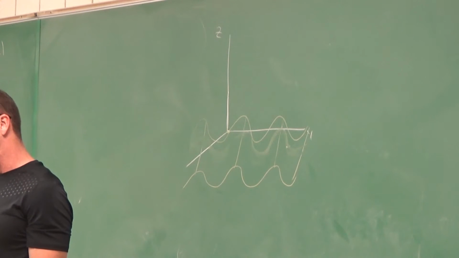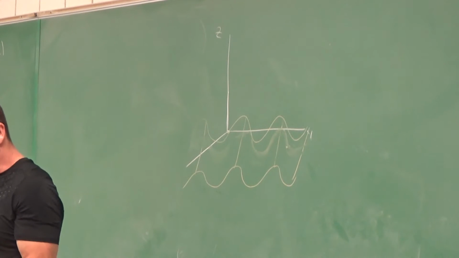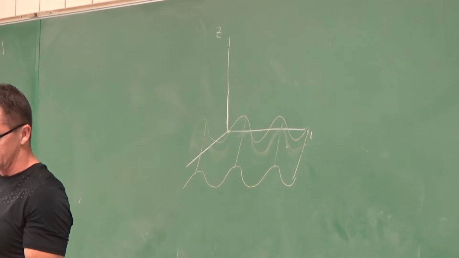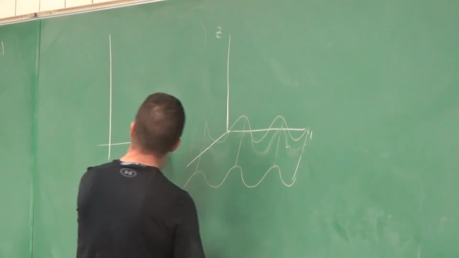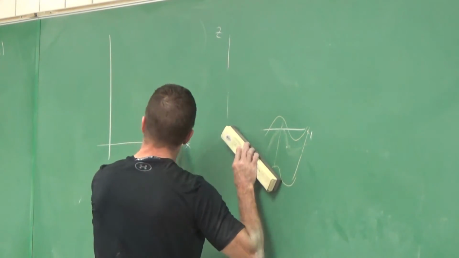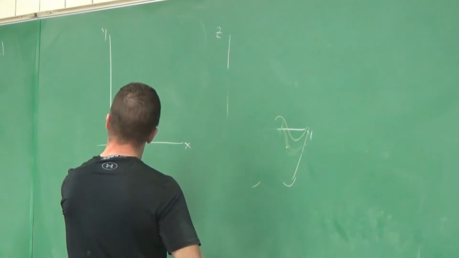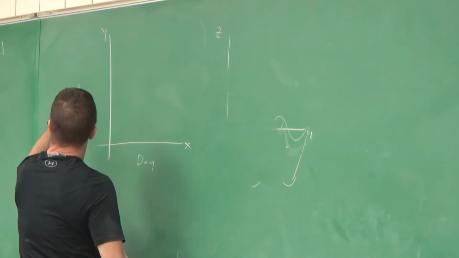And we're saying that the water temperature is a function of depth and time of year. Well, they just want you to estimate the temperature in the lake on day 160. Well, I'll make a sketch of what we see there. X, Y, this is day, this is depth.